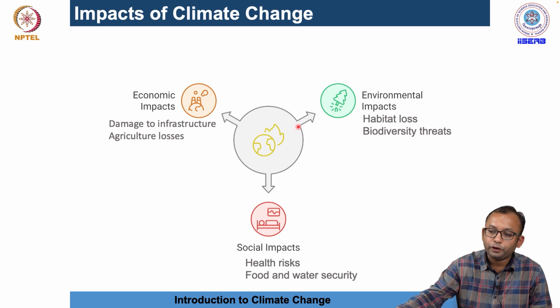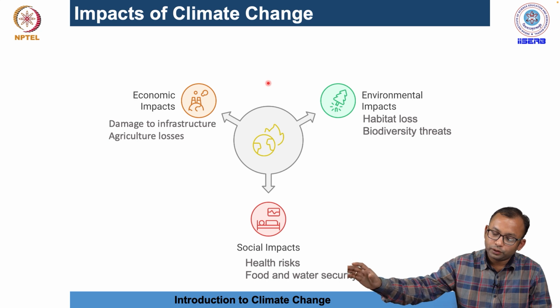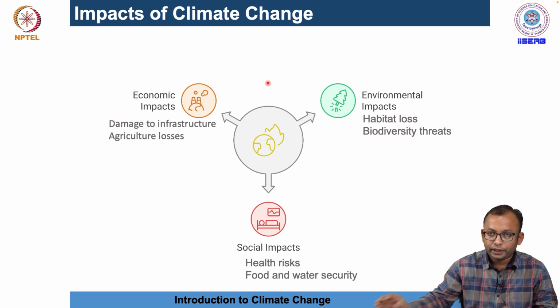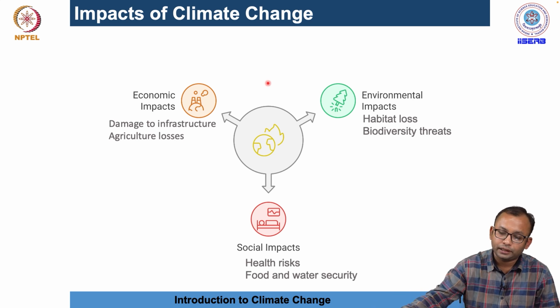When you talk about impacts of climate change, we have so far understood what climate change is, what the drivers responsible for it are, and how we can differentiate between the different types of drivers and their mechanisms. So what is the overall impact of climate change?